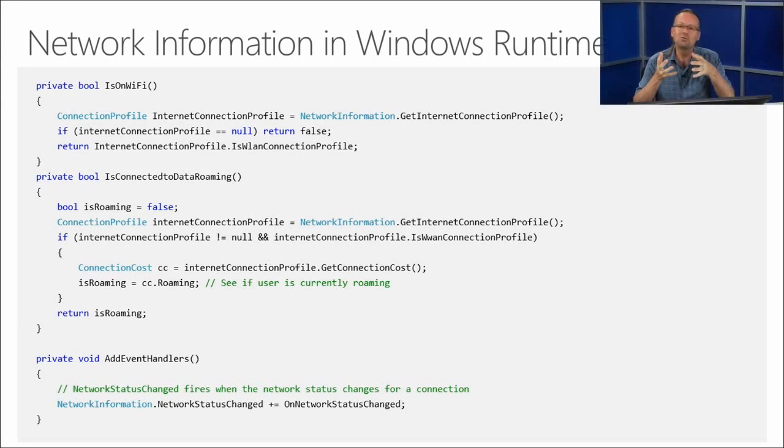So this is good for making good decisions about being kind to your user, not trying to do big data transfers when you're on a roaming network. And there's also the NetworkInformation.NetworkStatusChanged event, which you can see at the bottom. You can hook that and get an event firing when the network status changes. So again, you hook that event and then do these other calls to find out a bit more information about the network you're currently connected to.